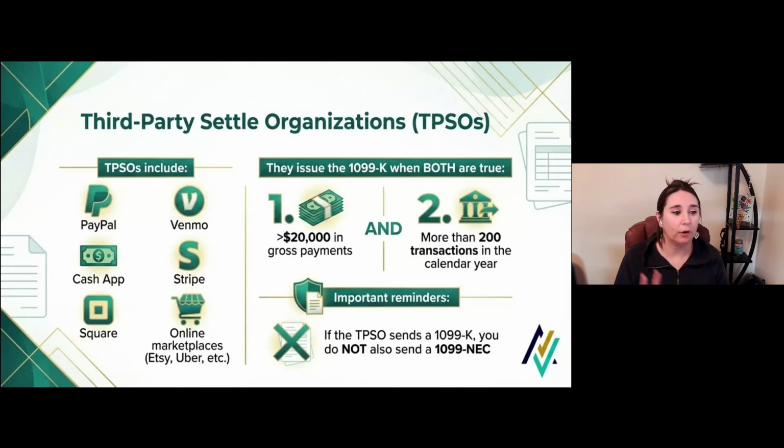So if you pay with a credit card, PayPal, Venmo, different items, and this threshold changes every year. This year, if they were paid through that app $20,000 or more, and also have 200 transactions in that calendar year, they will receive what's called a 1099-K.